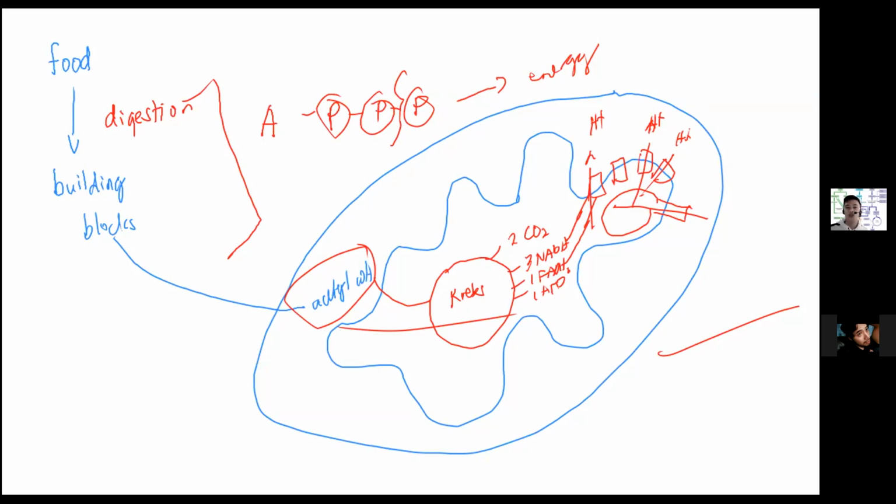That's the focus of my discussion now. We're going to elucidate how food, for example carbohydrates, is able to become acetyl-CoA.